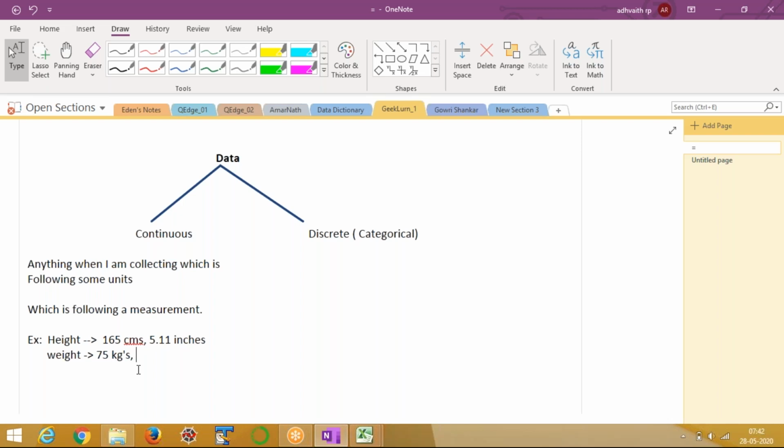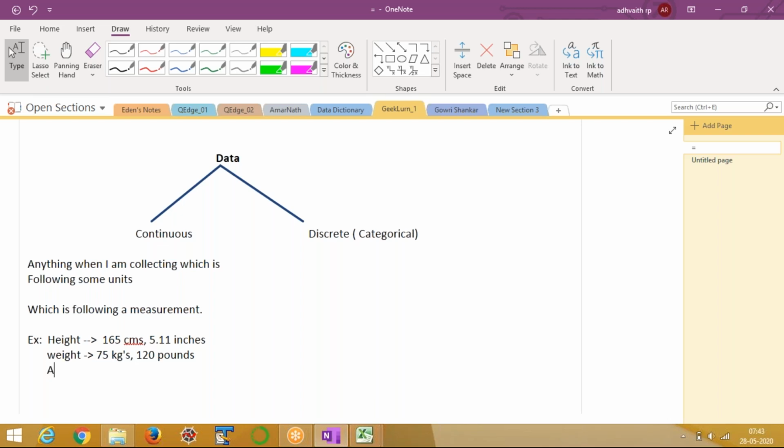Here I'm talking about the weight of a person, so always you will say 75 kgs, or 120 pounds, 130 pounds. That is also possible, right? Let me write like this: 120 pounds. Depending on which thing you are calculating, the kgs or grams will change. Tell me some other examples, guys.